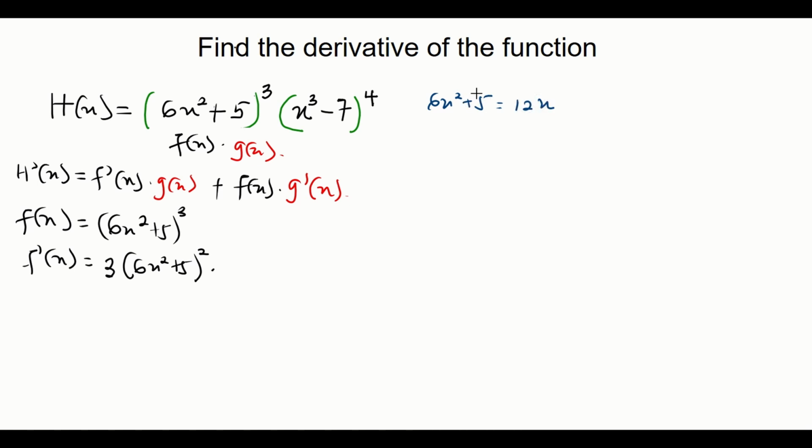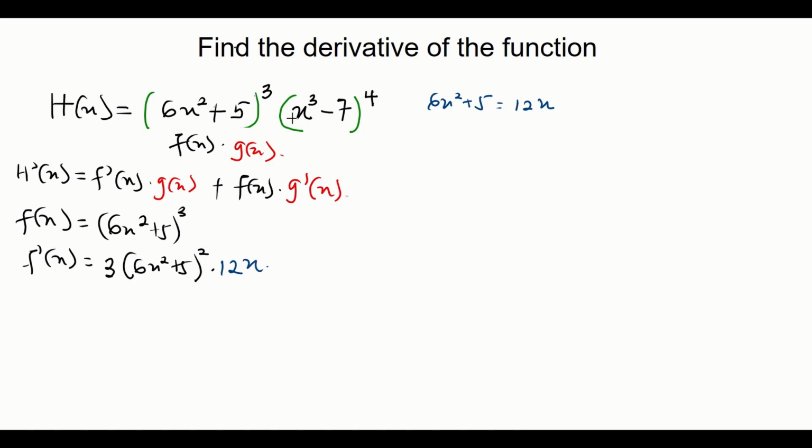This is a constant, so finding the derivative of it boils down to 0. So the derivative of this whole function has turned to 12x. I now have to multiply the whole thing with the derivative of this, which is my 12x.